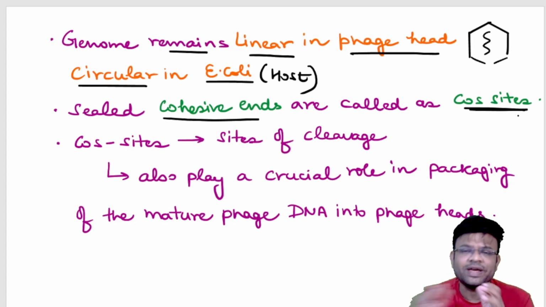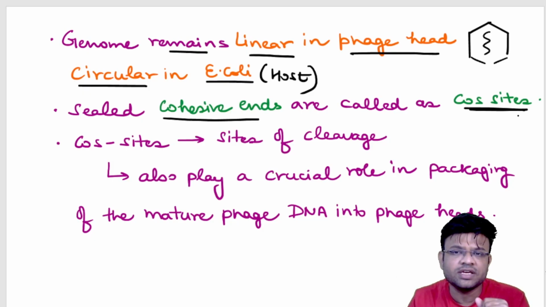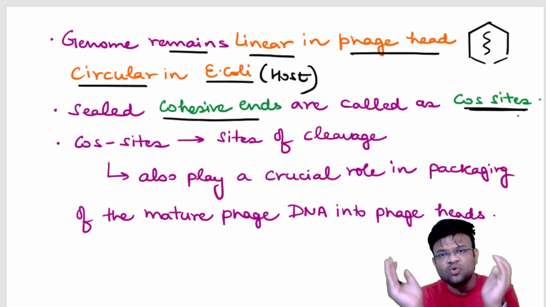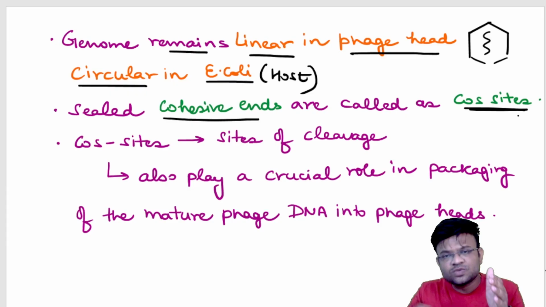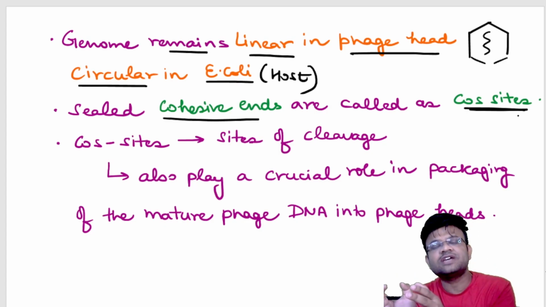Now when the genome enters inside the bacteria or the E. coli or the host, what happens is these cos sites will come one over the other, and in this way the circularization of the genome would become easier. So the purpose of cos site is to help in circularization.